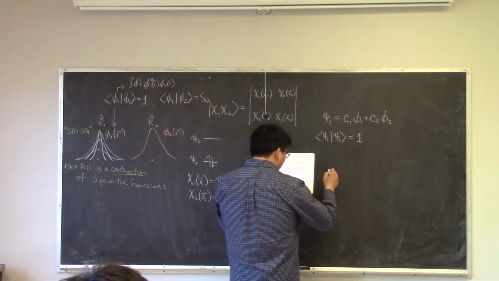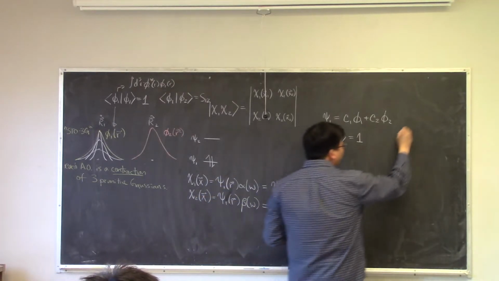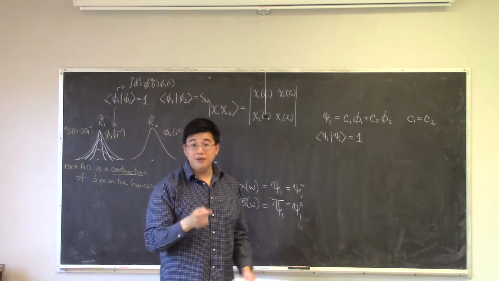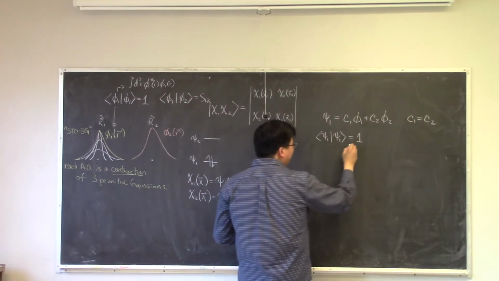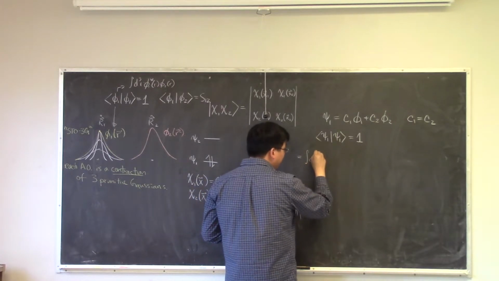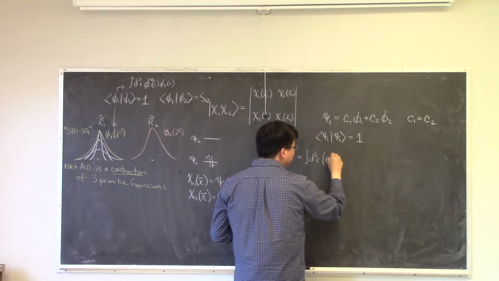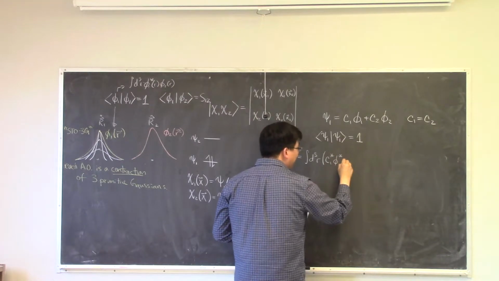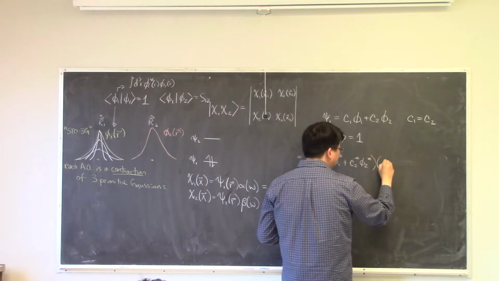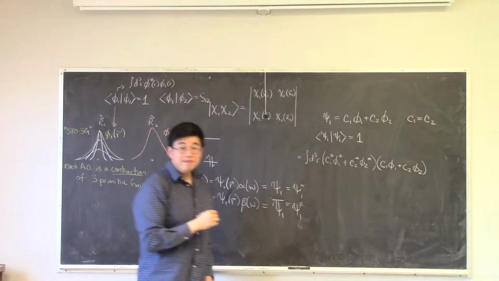Okay, so if C1 is equal to C2, then I can do this integral to find out what C1 is actually equal to. This integral is equal to the integral over all space of psi star, which is C1 star phi 1 star plus C2 star phi 2 star, times C1 phi 1 plus C2 phi 2, okay?